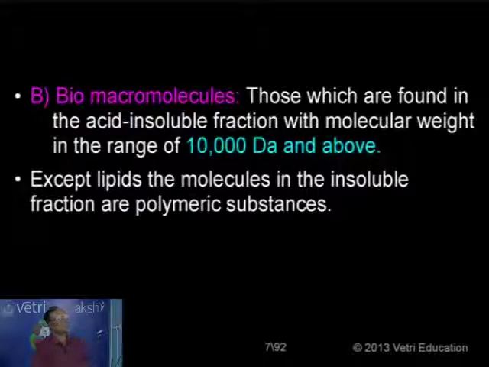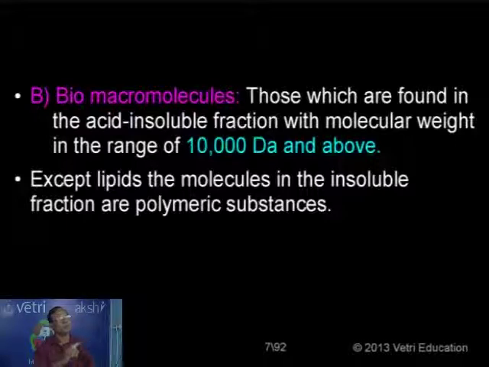Those which are found in the acid insoluble fraction and have a molecular weight of about 10,000 Daltons and above, as I mentioned already, are considered biomacromolecules. Except for the lipids in the insoluble fraction, that is the biomacromolecules, all others are polymeric substances, nothing but polymers.